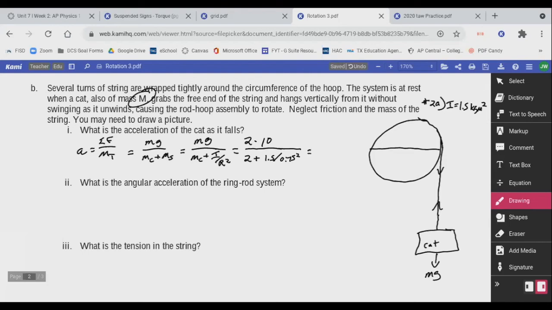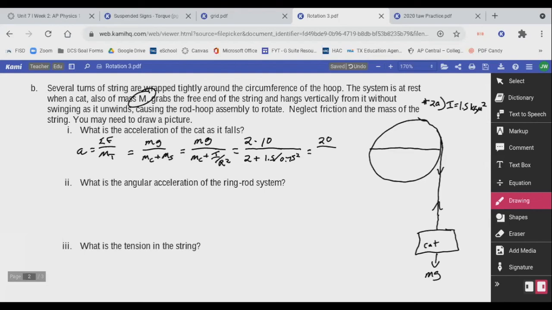Now we got to math it. All right, let's see. On the top, I'm going to have 20. I can do that math. On the bottom, 1.5 divided by 0.75 squared, plus 2.